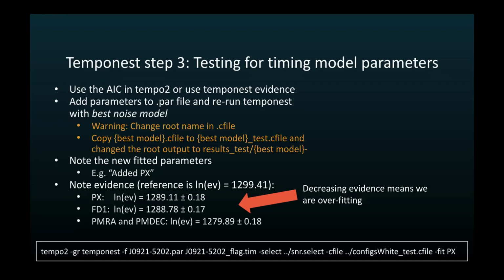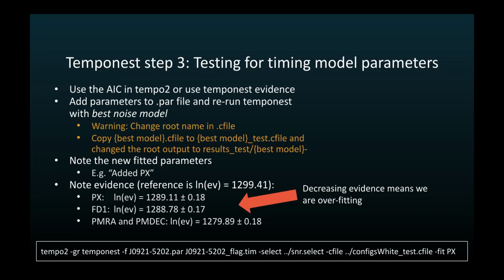So it's not too surprising that the evidence goes down, because you can't fit many parameters if you only have 8 unique epochs. This is likely not to be the case in the other pulsars that you analyze. You might find some parameters have positive evidence, and if so, definitely note those.